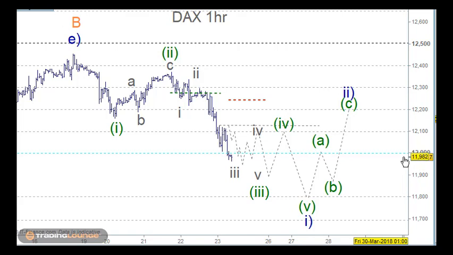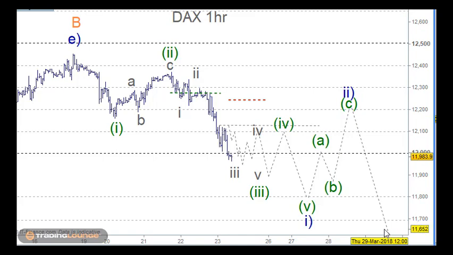Okay, we know that 12,000 is going to be a place where this market is basically going to be a magnet for traders' minds, which converts into volume. So this is really where it's all going to be played out for quite some time until this moves down into wave 3 here.